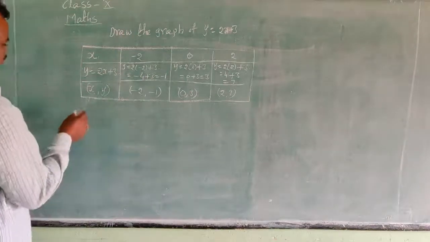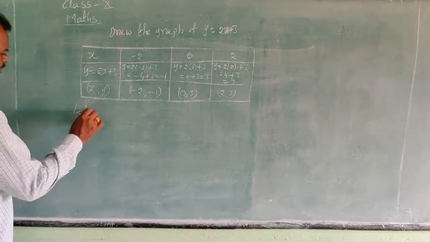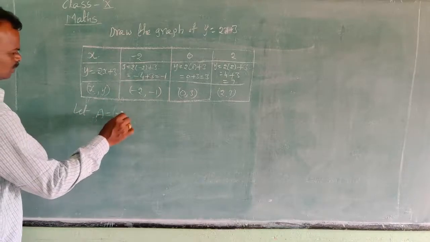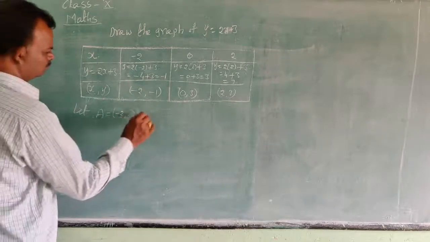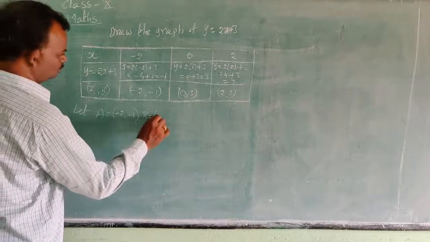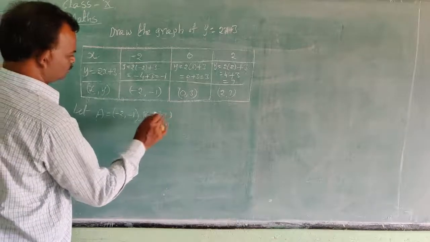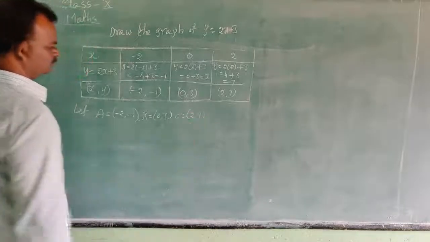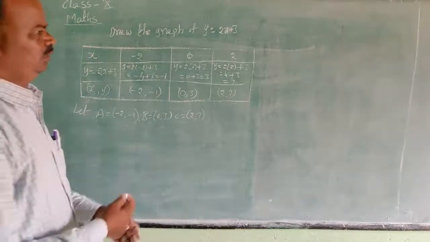So we are taking these points as A, B, C. Let A is equal to minus 2 comma minus 1, B is equal to 0 comma 3 and C is equal to 2 comma 7. We are drawing a graph.